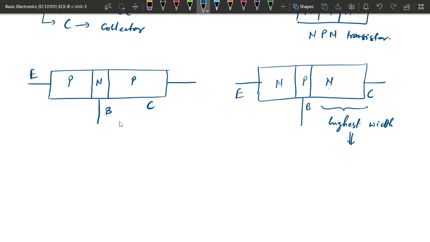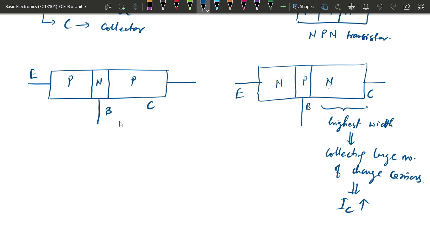Its highest width indicates it should be collecting a large number of charge carriers, which means it will be having higher current. Basically the collector current should be high.